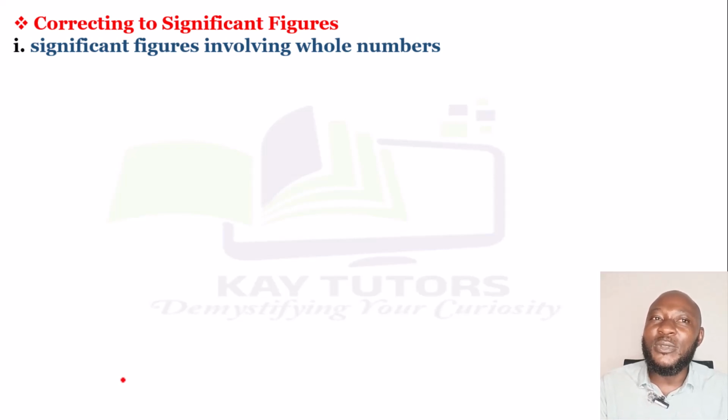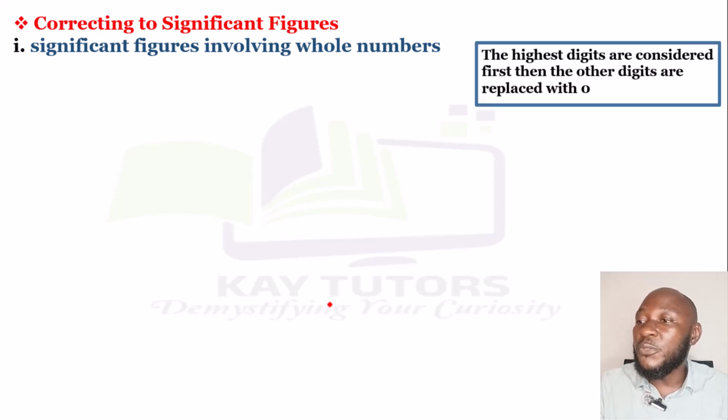So let's move on to correcting to significant figures. This is very simple. I love this aspect very well, but it is quite confusing. So let's solve this. So significant figures involving whole numbers. Now, you have to consider something when rounding significant figures in whole numbers. So whenever you are doing this, you are expected to what? The highest digits are considered first.